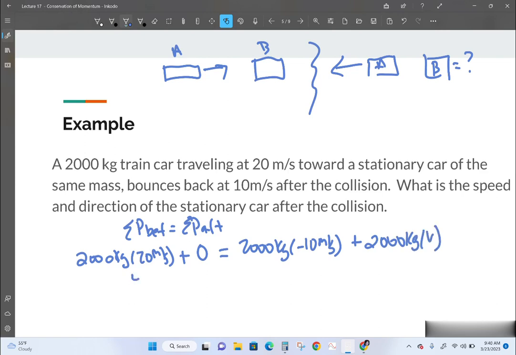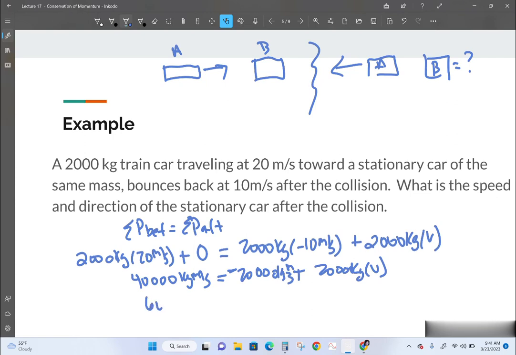So this is going to be 40,000 units of momentum equals 20,000 in the negative direction plus 2,000 kilograms times V. So I'm going to have to add 20,000 to both sides.